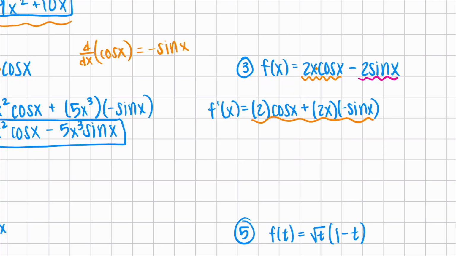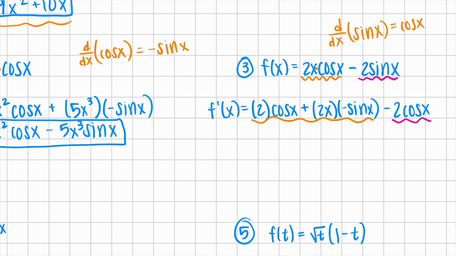I also want to take the derivative of negative 2 sine of x. We should know that the derivative of sine of x equals cosine of x. So this is going to be minus 2 cosine of x. I can simplify from here.